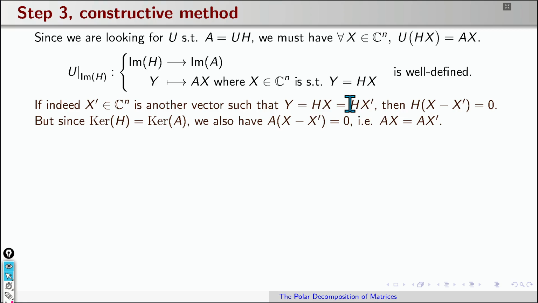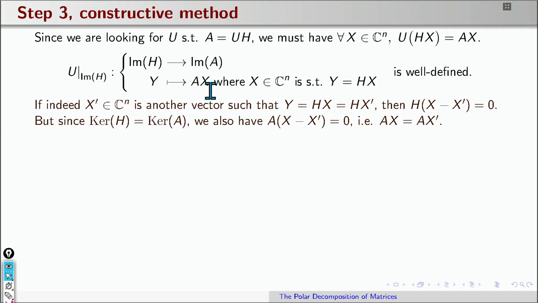If so, the difference is 0. So H of the difference of the two pre-images is 0. It means that this is in the kernel. The kernel of H is equal to the kernel of A, so A gives the same image. So you can define it like this: you just pick any X that is a pre-image, then you define U of Y as A of X.